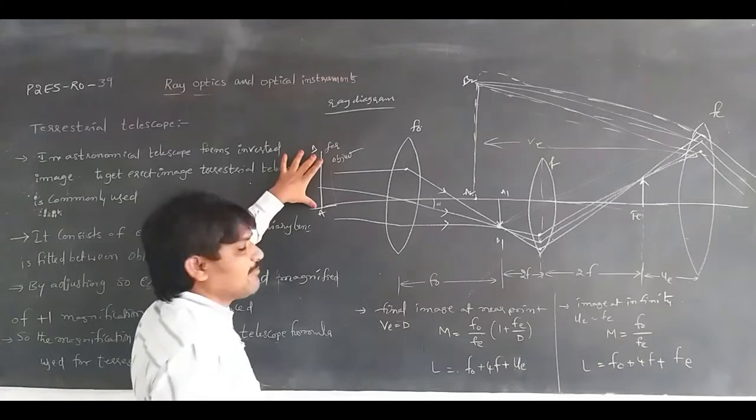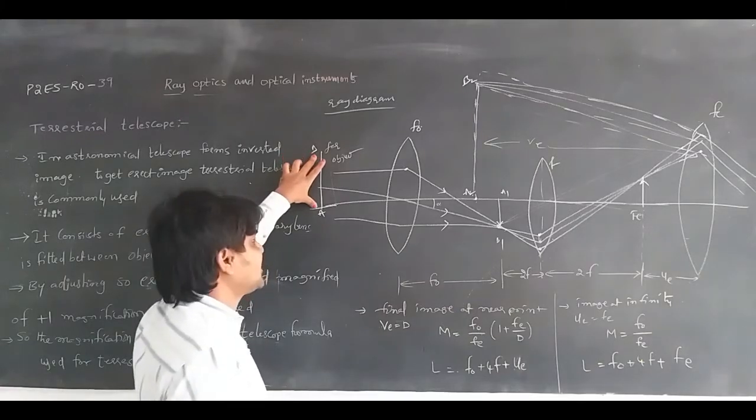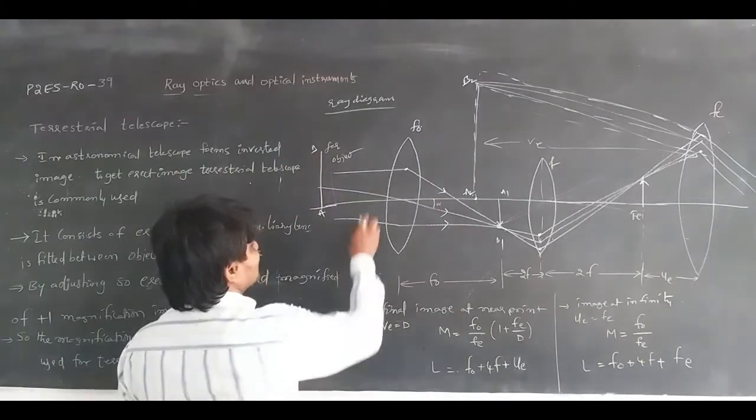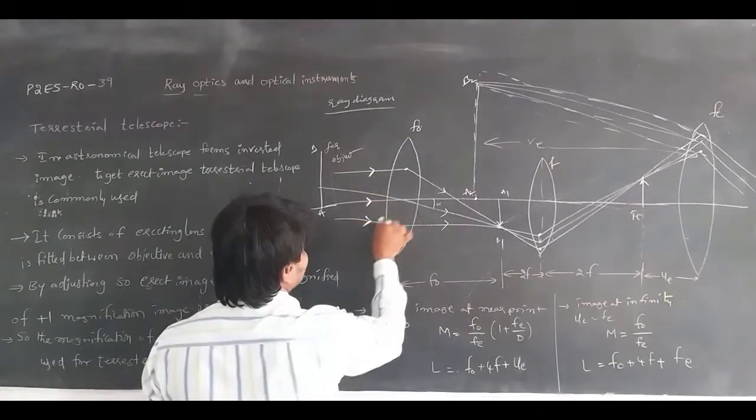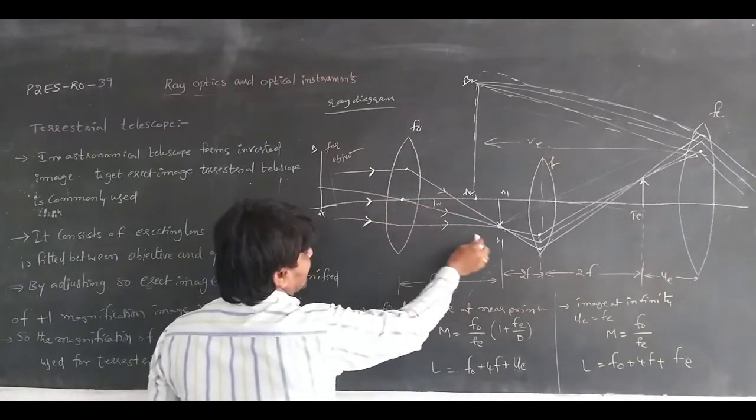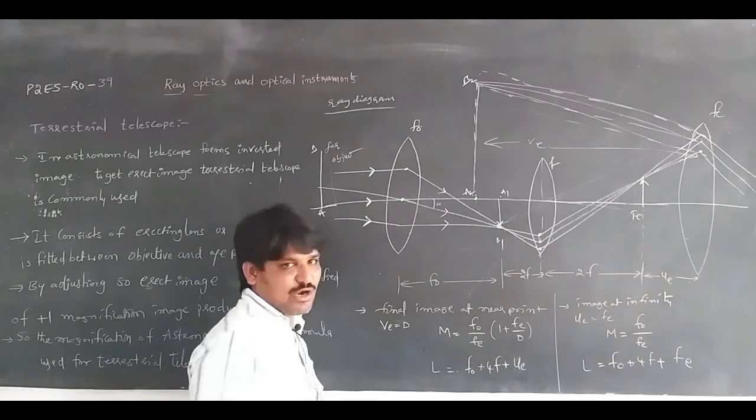The object is far away, on the side of the objective lens, and light incident on the lens forms the image A1B1.